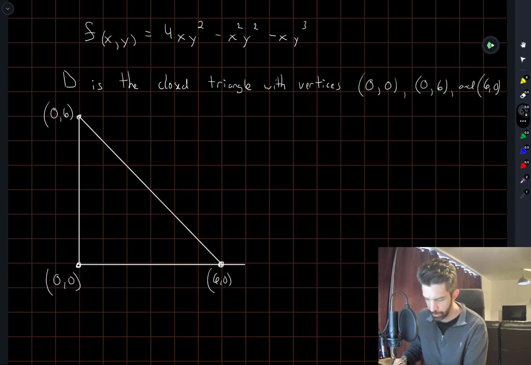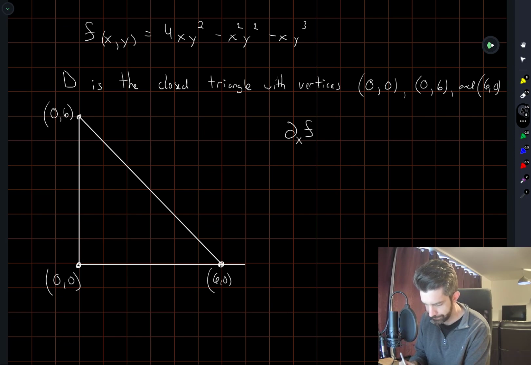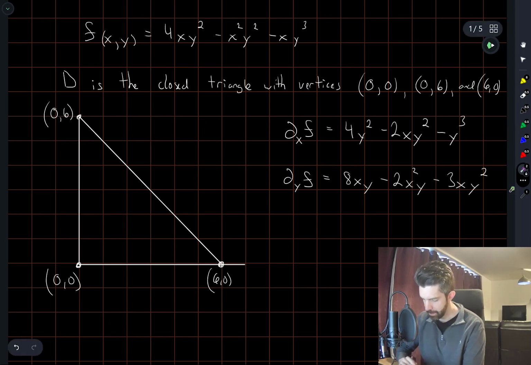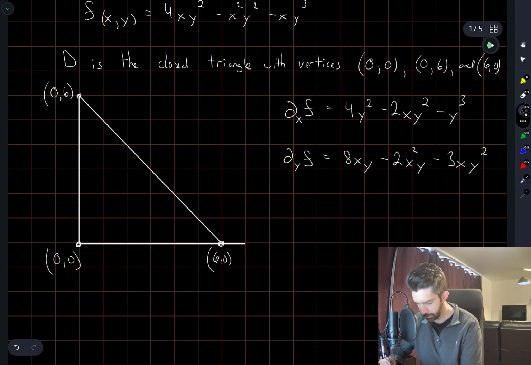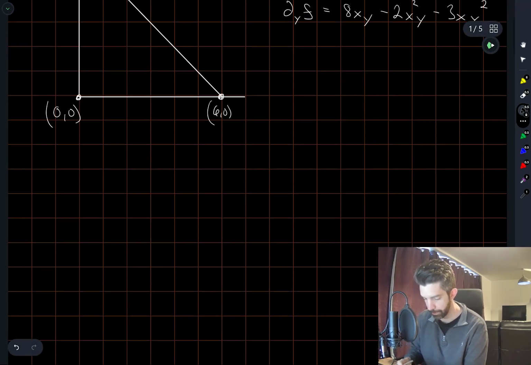Okay, so I'm going to start by writing out the partial derivatives of f with respect to x and y. So let's first solve for our critical points, so the points where the values of x and y, where both of these partial derivatives are equal to 0.